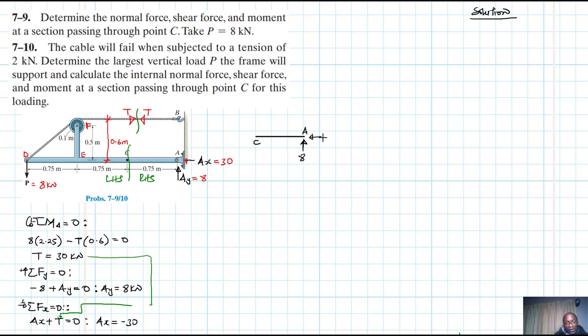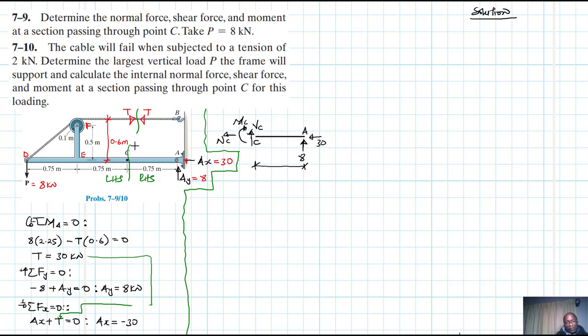This is our C. This force here is a 30, and then we have here the shear force VC, we have MC, and then we also have a normal force NC. This length here is equal to, let me create a boundary.